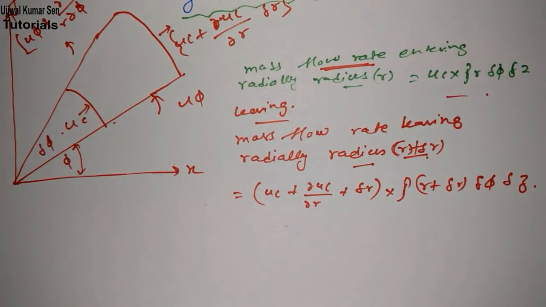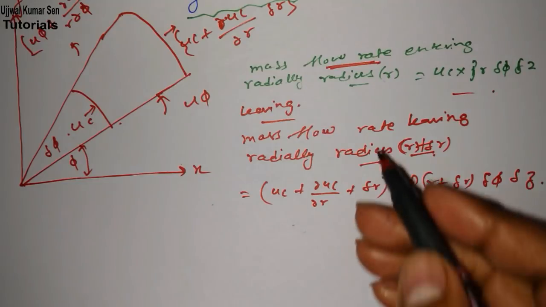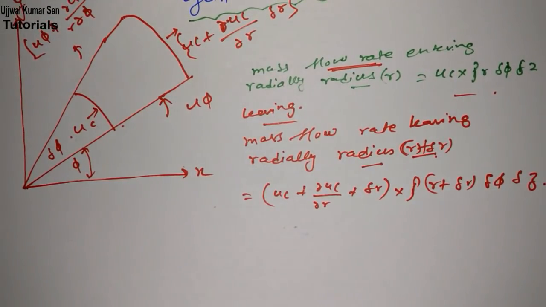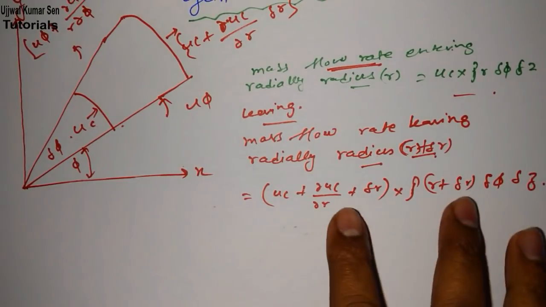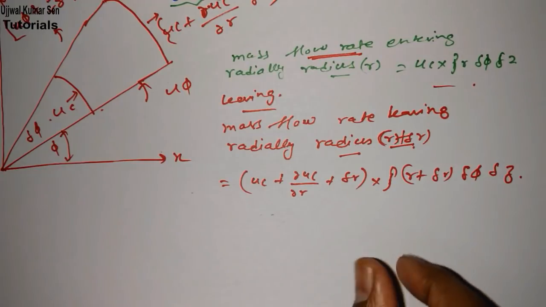Okay, so this is about the equation, and now what we have to find out is the net flow rate, or net quantity remaining in this control volume. Before doing that, just do the multiplication of these terms, because here I am getting a lot of things to multiply, right?